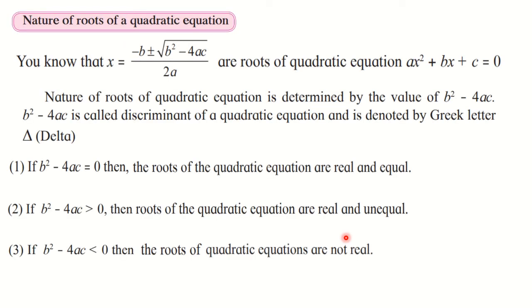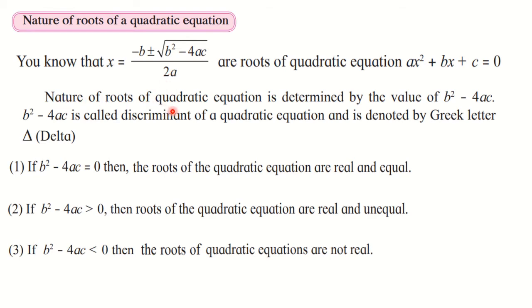Nature of roots of a quadratic equation. Just now we have seen this formula: x is equal to minus b plus or minus under root b square minus 4ac upon 2a. Here, these are the two different roots. One is called alpha, the other is called beta.